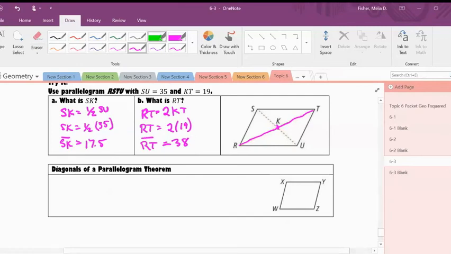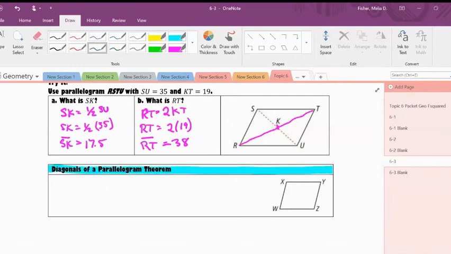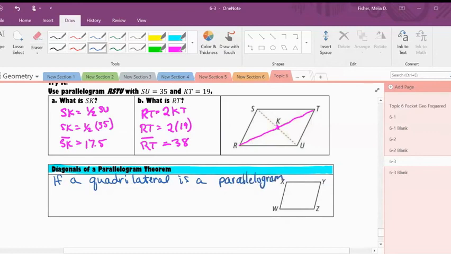So our diagonals of a parallelogram theorem states that if a quadrilateral is a parallelogram, then its diagonals bisect each other.